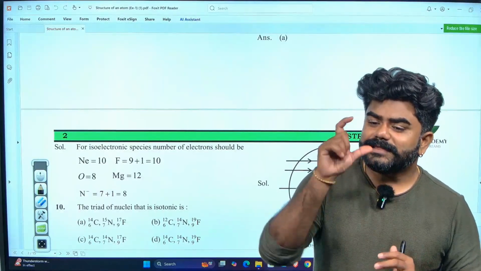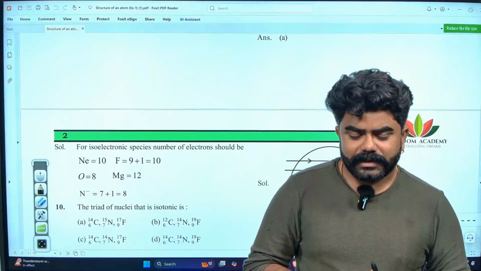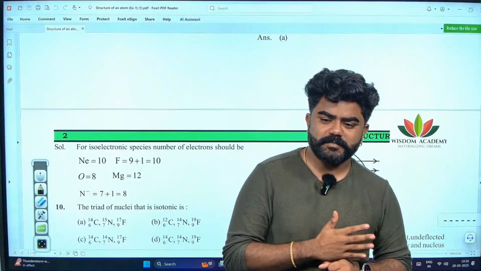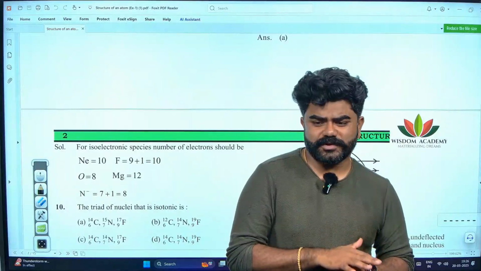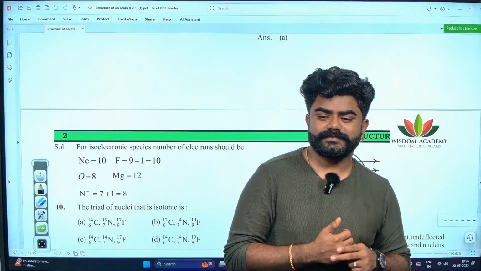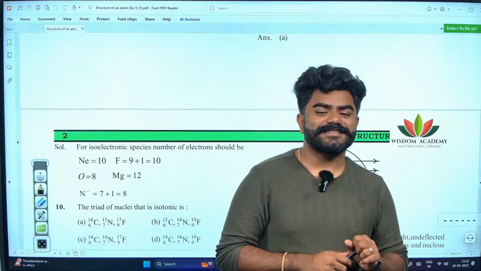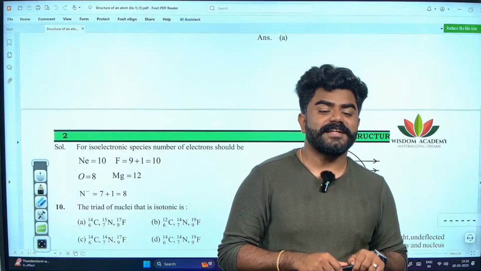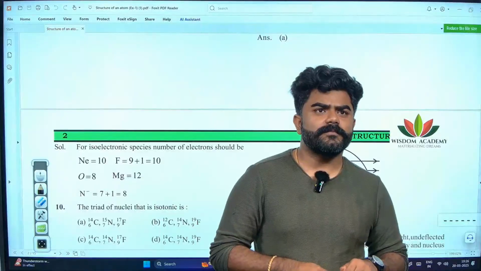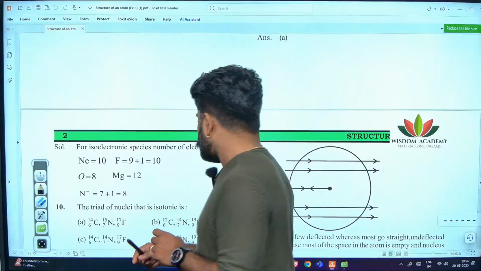So we have to see which elements have the same number of neutrons. How do we find the neutron count? Protons plus neutrons. We need the neutron count. Sir, I guess it's atomic mass minus number of protons. Yes, true: mass number minus atomic number gives you the number of neutrons. Please note down the formula.